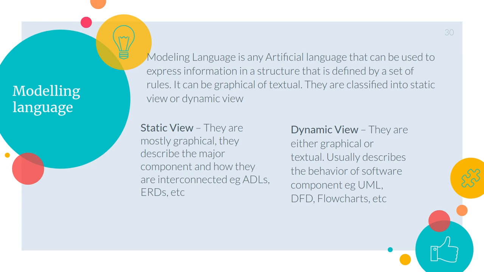So the static view explains how the system is, and the dynamic view explains how it behaves. Examples of the static view are ADLs and ERDs, and for the dynamic views, you have UML diagrams, flow charts, data flow diagrams, etc.